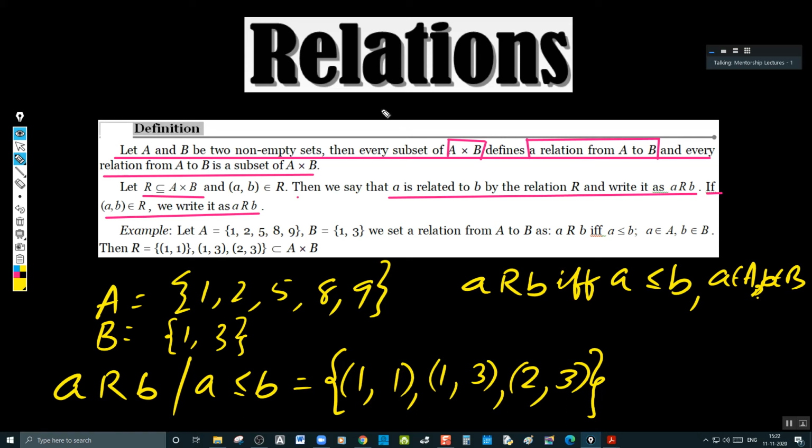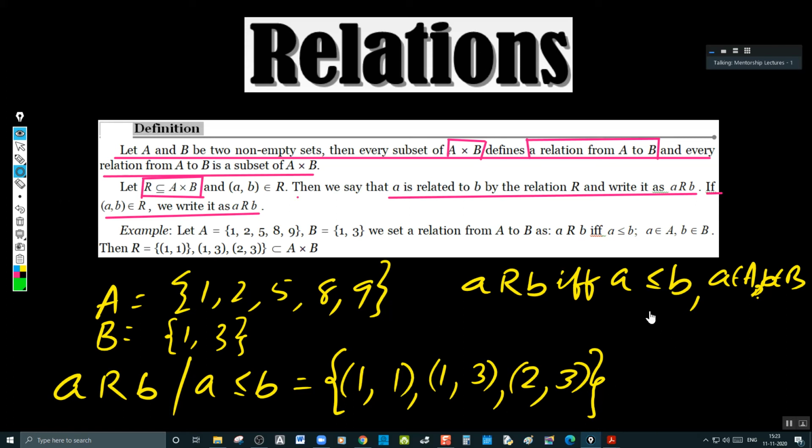Now you must ask me, sir, how do we say that it is a subset of A cross B? You must ask me a question here. Yes, we can say it, because I'll show you the cross product through a Venn diagram so that you'll be more comfortable.